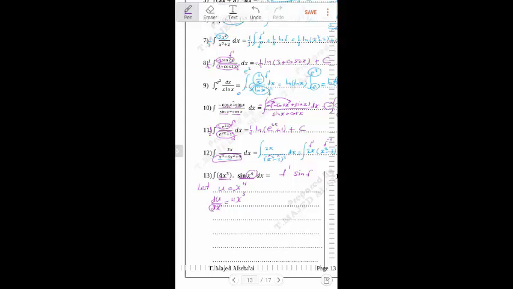Now make dx the subject. How can we make it the subject? By taking it up and 4x cubed down. So dx is going to be du over 4x cubed.